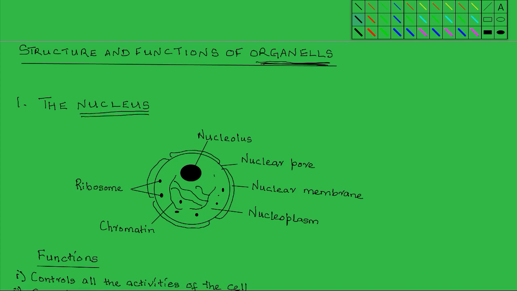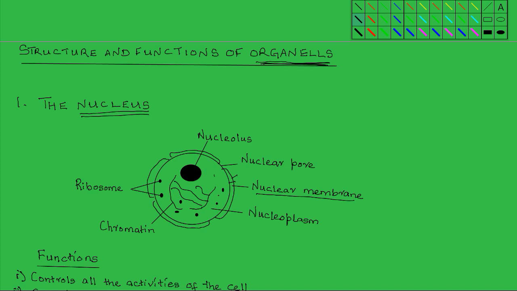The nucleus is the largest cell organelle. It is spherical in shape and enclosed by a double membrane known as the nuclear membrane. So the nuclear membrane is a double unit membrane. There is the outer and the inner membrane that makes up the double unit nuclear membrane.